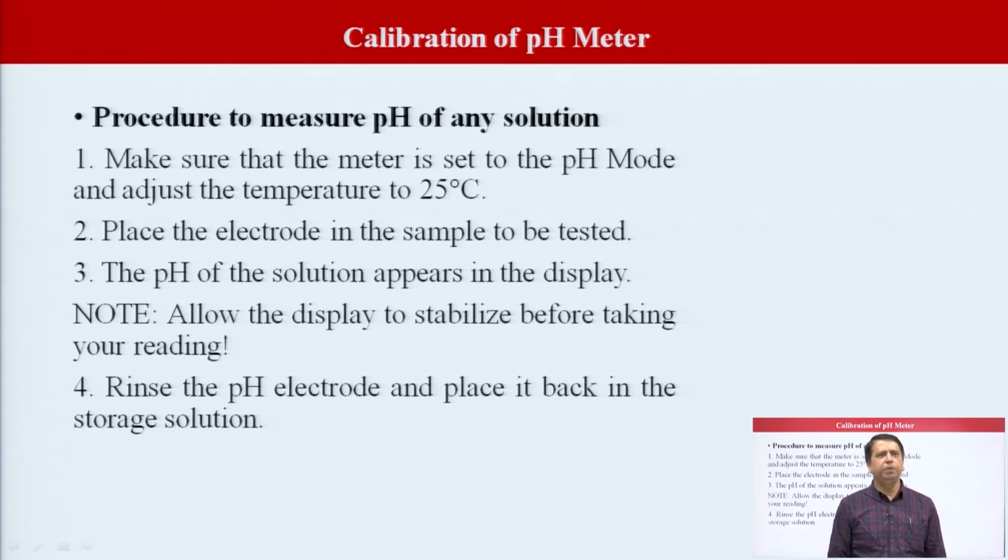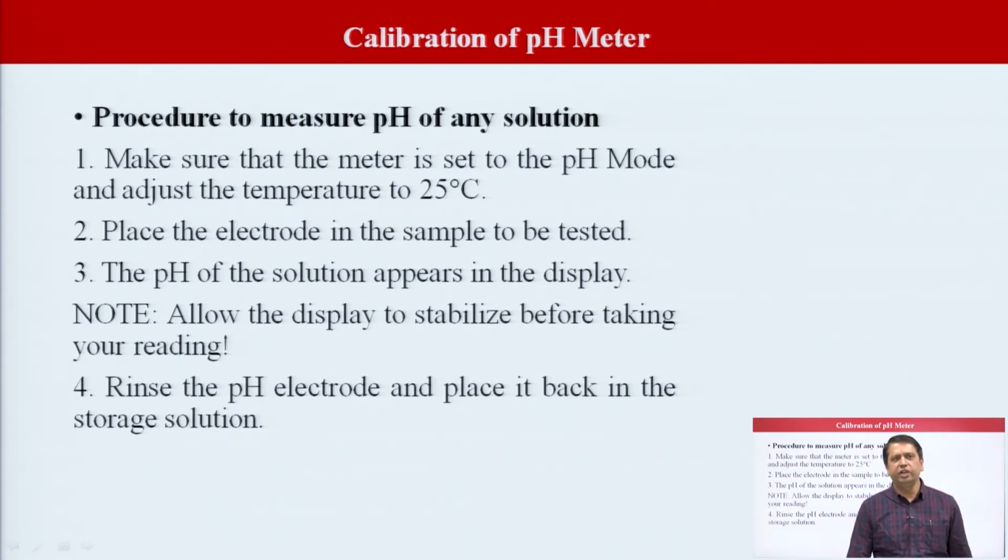Third thing, the pH of the solution appears in the display. So, after some time, the pH meter displays the pH of the solution. But before taking the reading, you should allow the display to stabilize.